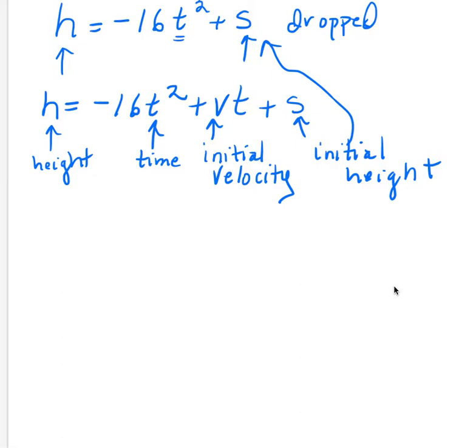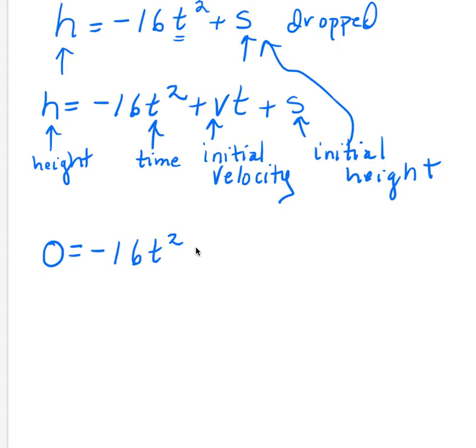All right, so what we're going to do, let me start over here. This thing's going to land on the ground ultimately, so our resulting height is going to be 0, because it's going to land on the ground. We get negative 16t squared. Now, what do they say the initial velocity is?